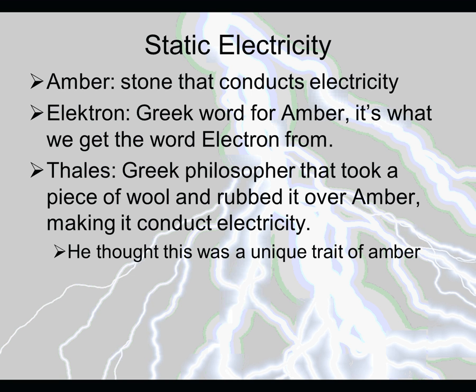Now he thought this was something unique for amber only, which is not the case. We now know that there are many things that will conduct electricity. And remember, what exactly is electricity? Electricity is nothing more than an exchange of charge. Usually, that's talking about the exchanging of electrons. So when Thales did this, what was he actually doing? He was exchanging electrons between the wool and the amber.